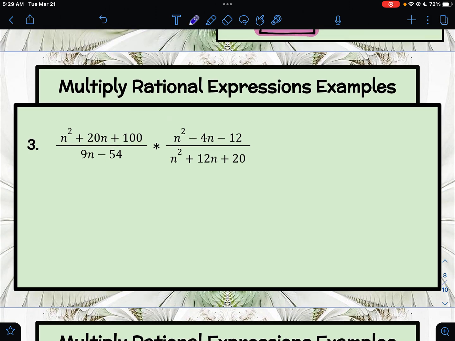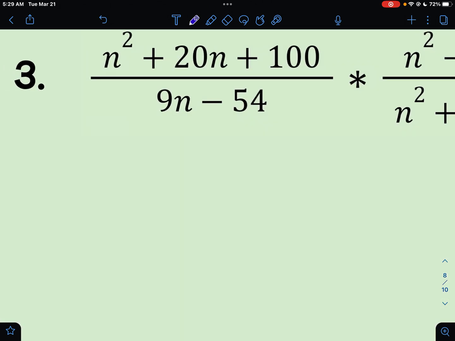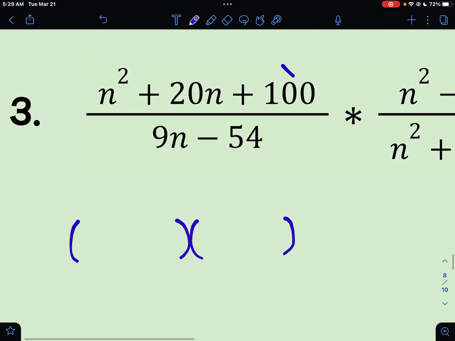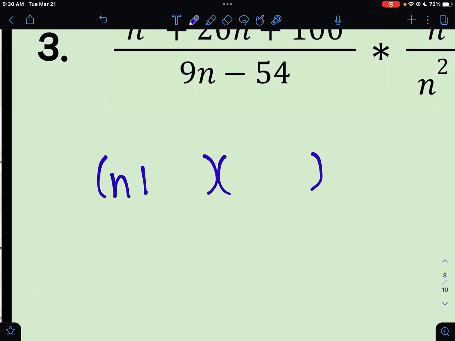So here's an example. The first thing I want to do is just factor everything. So upstairs here, I have 100. I need factors of 100, multiply to 100, add to 20. I'm going to go with 10 and 10.